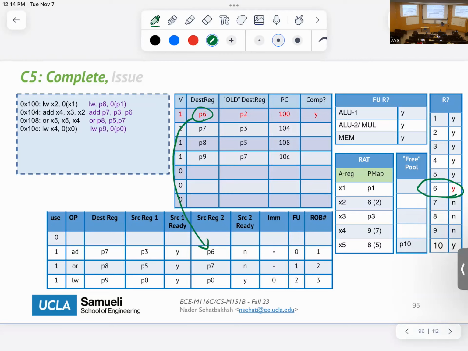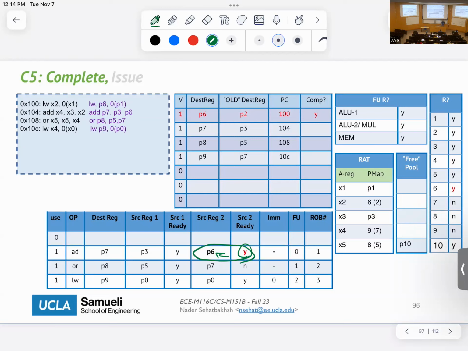This is exactly the same thing. So I'm forwarding this data into my reservation station, and I update that value as I'm doing this, okay? And then the big thing happening here is that now this value is updated. I show it in boldface, and then I mark this as ready as well, okay? So this is all we can do in the complete stage.